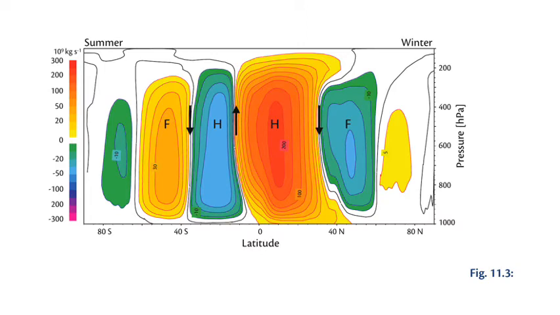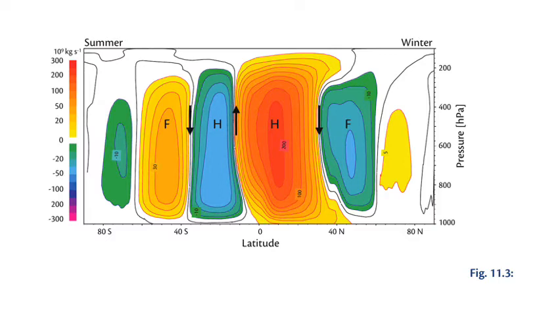Here's just another view of it with more colors, if you prefer the Vallis views from chapter 11. The H's stand for Hadley circulation, and the F's are the Ferrel cells. So the Hadley cell is really much stronger in terms of the mass. These are mass stream function contours, so the spacing indicates the rate of flow of mass going upwards and downwards, or northward or southward.